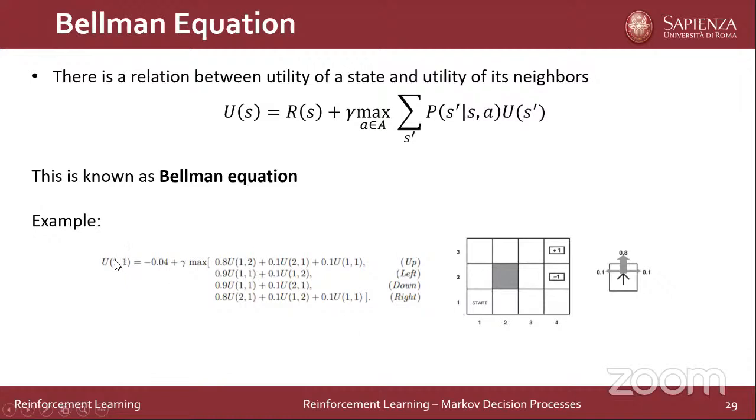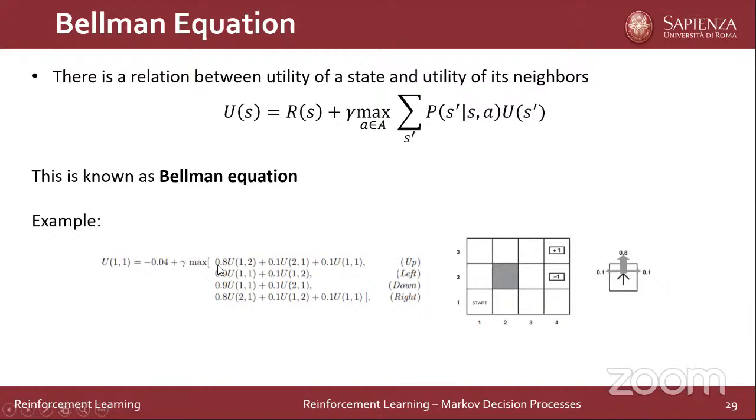So what is the utility of the state 1, 1? This will be the reward that we got in this state, which is minus 0.04, plus gamma, the discount factor, and we do the maximum over all these situations where we can end up.